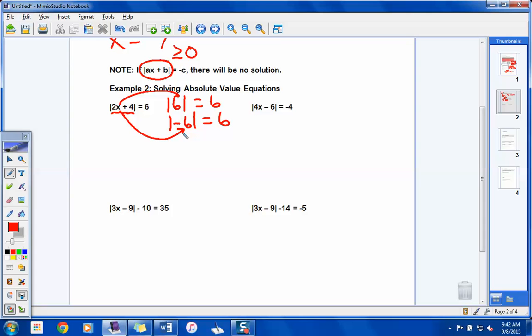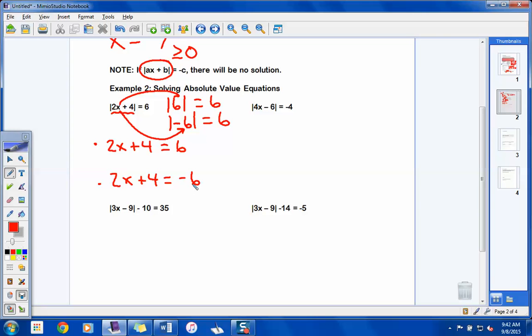How do you solve these? Here's how you look at this. The first thing you're always going to look at is this value out in the end. Am I equal to a positive value out here? Is that good or bad? That's good. Okay, so the way you're going to solve them is twofold. You're going to write two equations. One equation is 2x plus 4 equals 6. The other equation will be 2x plus 4 equals negative 6.